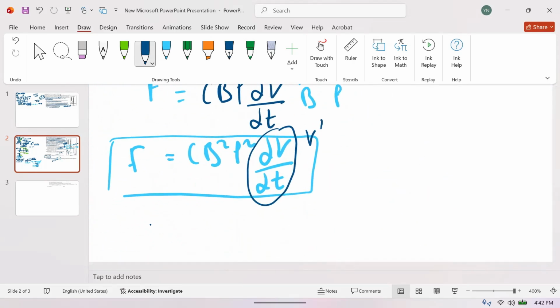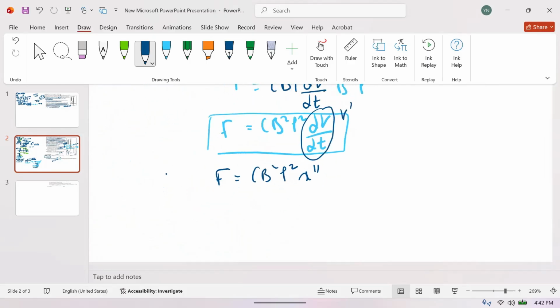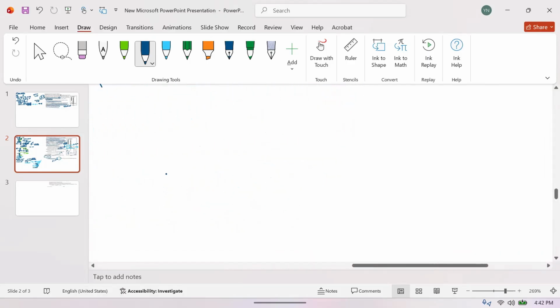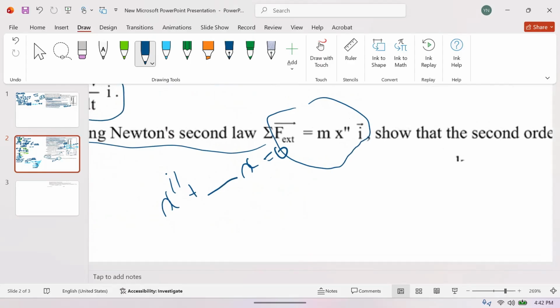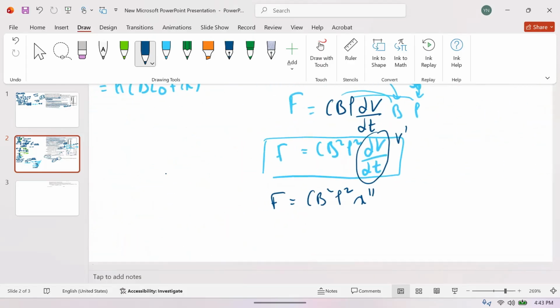So let's replace that. C B squared L squared x double prime. Now you ask me why? Because in the first place, I'm solving to get a differential equation, and it's of the form x double prime plus something x. So I don't want to see v or a. I want to see x prime, x double prime, and x. So this is what I'm doing here.